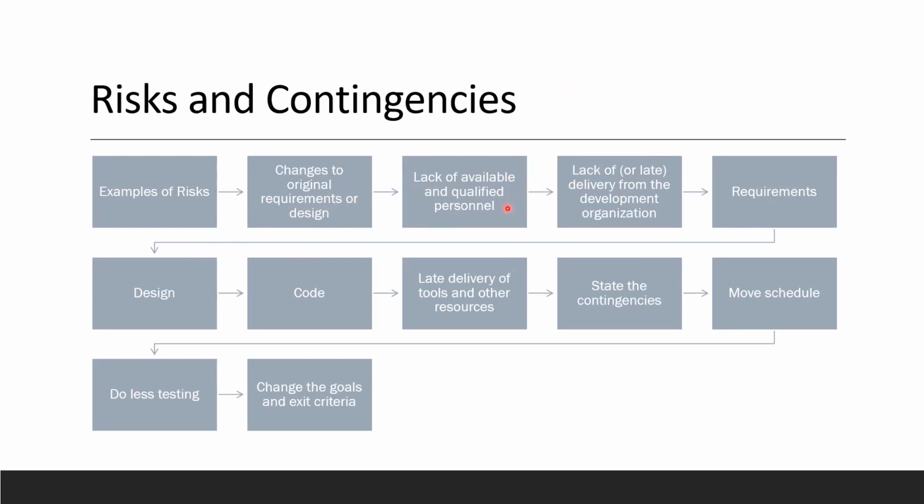Lack of available and qualified personnel. So say, for example, prime example right now, I own the performance engineering team as well. In my performance engineering team right now, I'm one resource short.